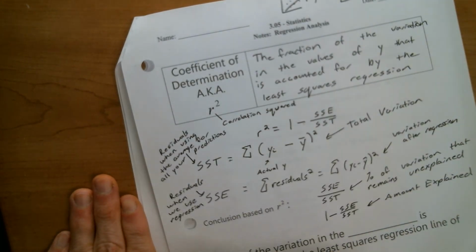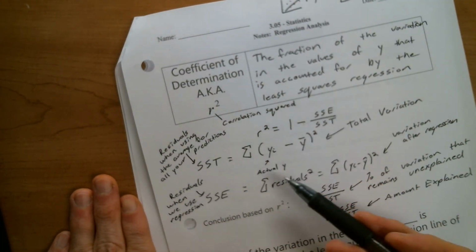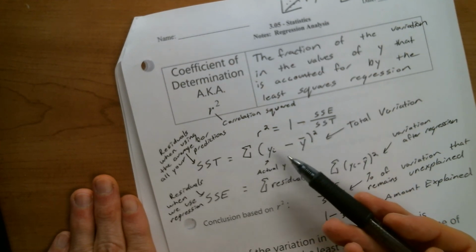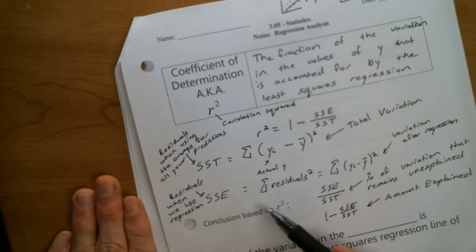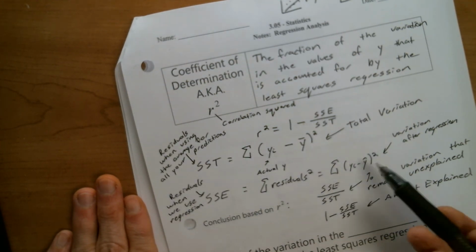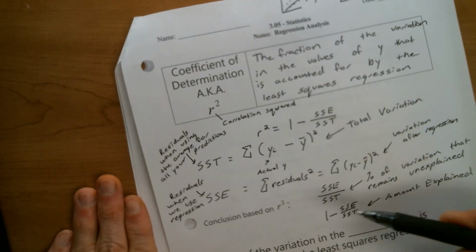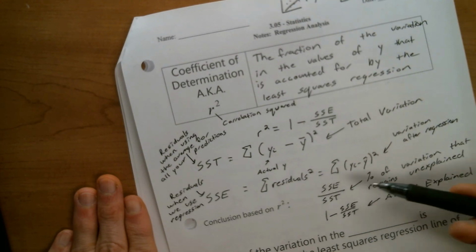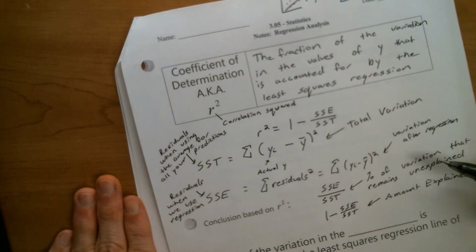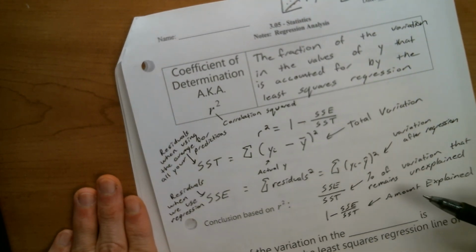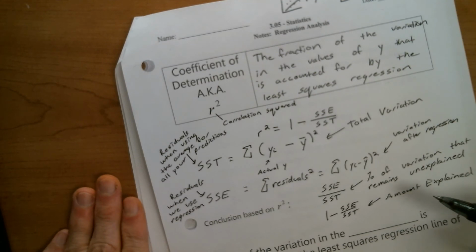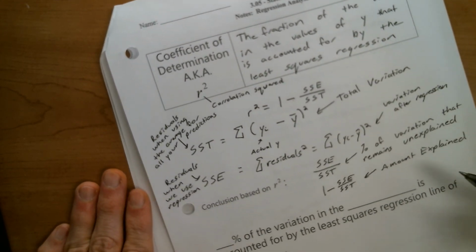We're basically seeing what's the total error when you just use the average. What's the error when you actually use your regression equation? And then kind of what's the ratio there? How much is remaining unexplained? How much error did we not get rid of? And how much error did we get rid of? Or how much error did we explain?